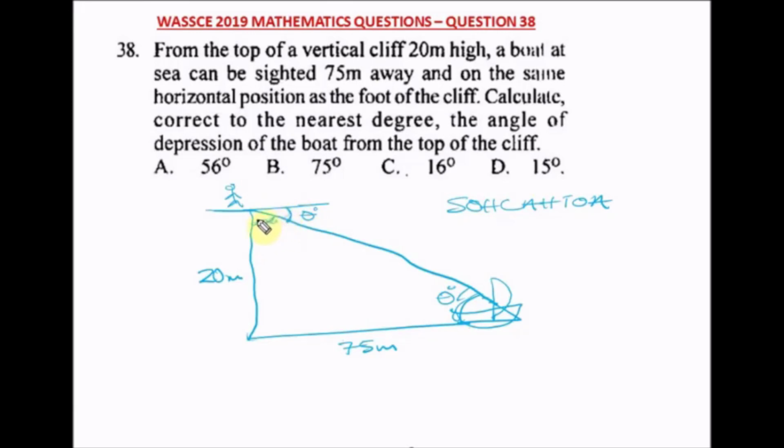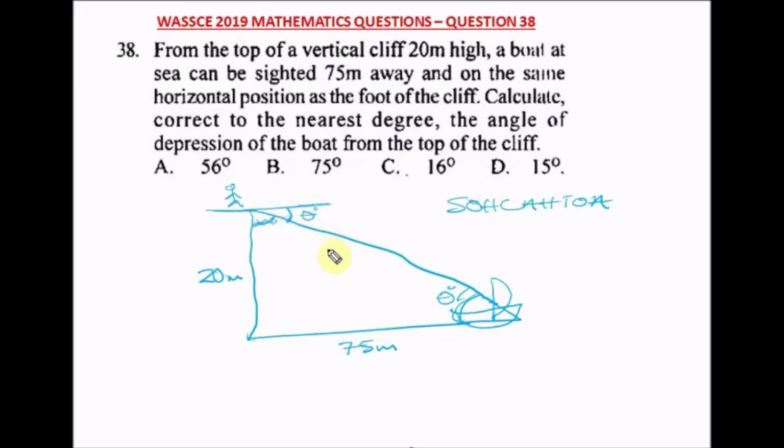That's the angle of depression. It's just like when you are on the top floor looking downwards towards someone on the ground floor from your window in your office. Your angle is always to your horizontal. You don't put it to the vertical axis, always to your horizontal, which is this.